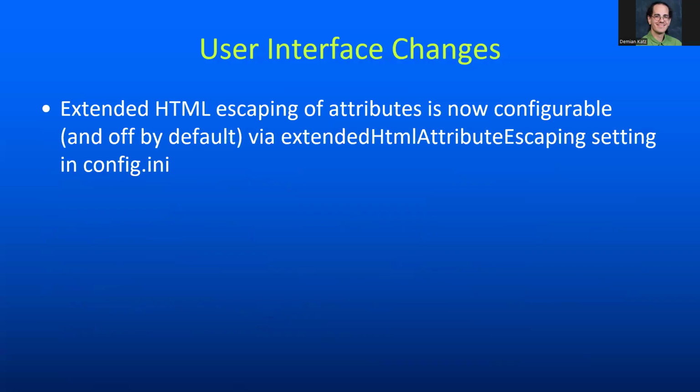Also, a relatively small thing: extended HTML escaping of attributes is now configurable and turned off by default. See the extended HTML attribute escaping setting in config.ini. The reason for this is that there's an escape HTML attribute view helper in Laminas View.